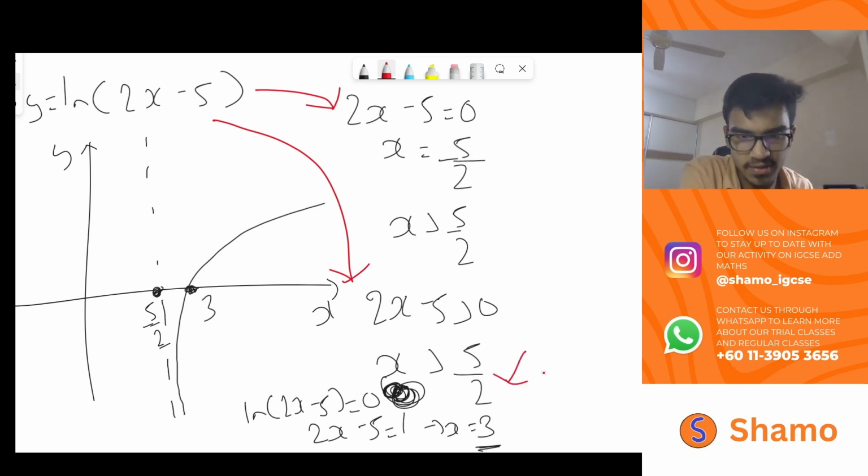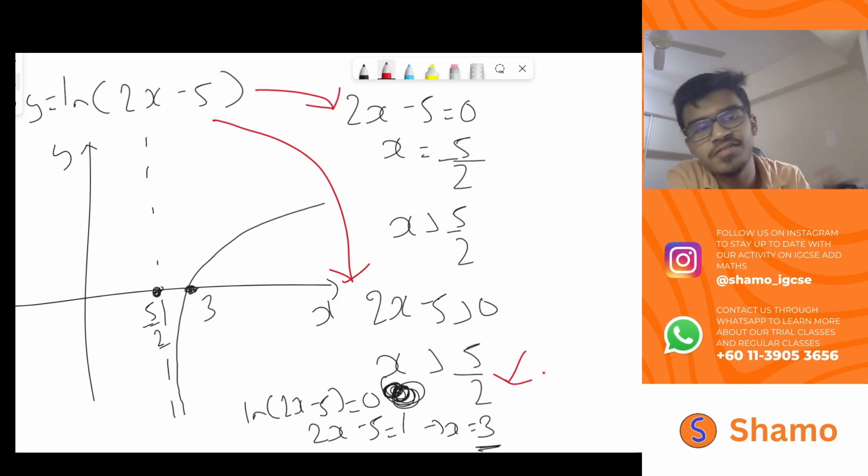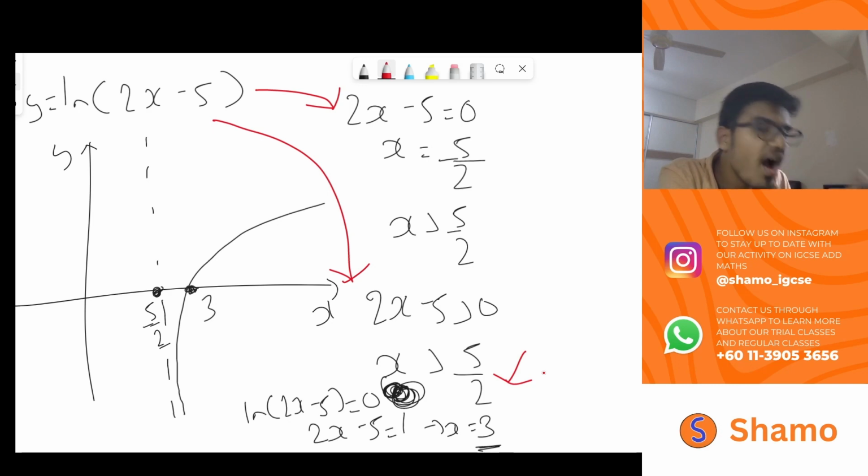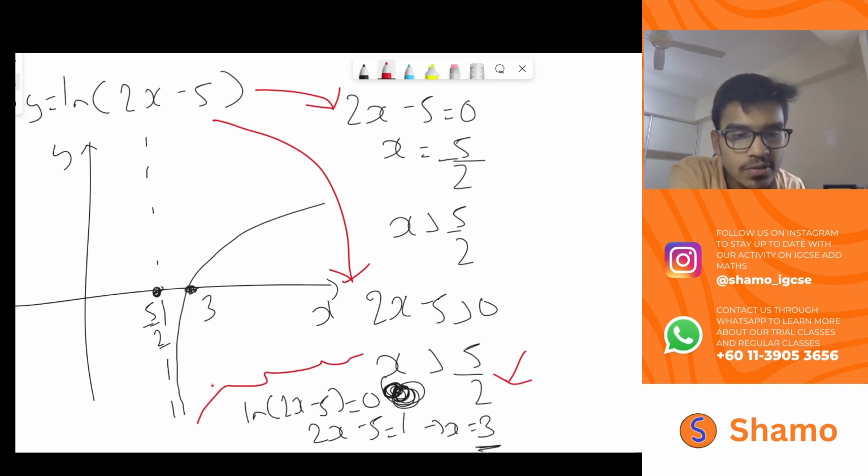That's where this can come in. X is greater than 5 over 2 means it should be after the asymptote, after 2.5. It means all positive values after 2.5, all these values here and not these values here.